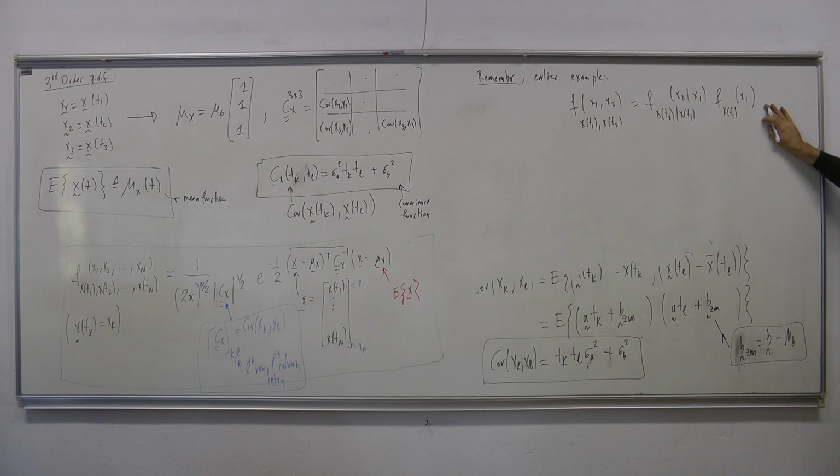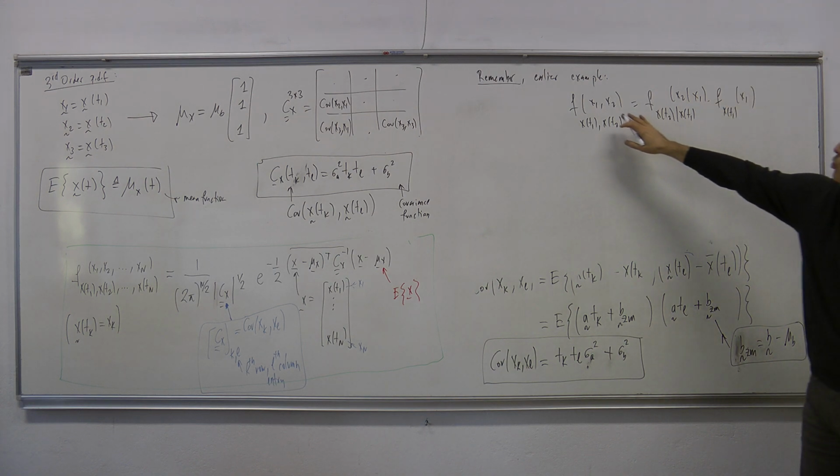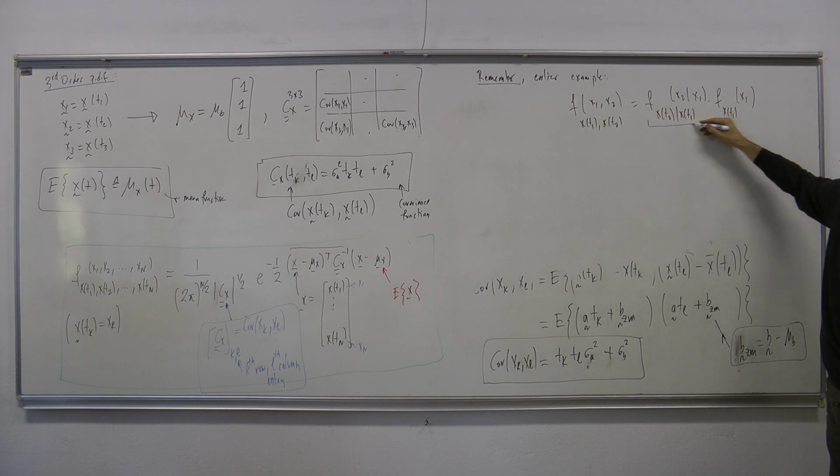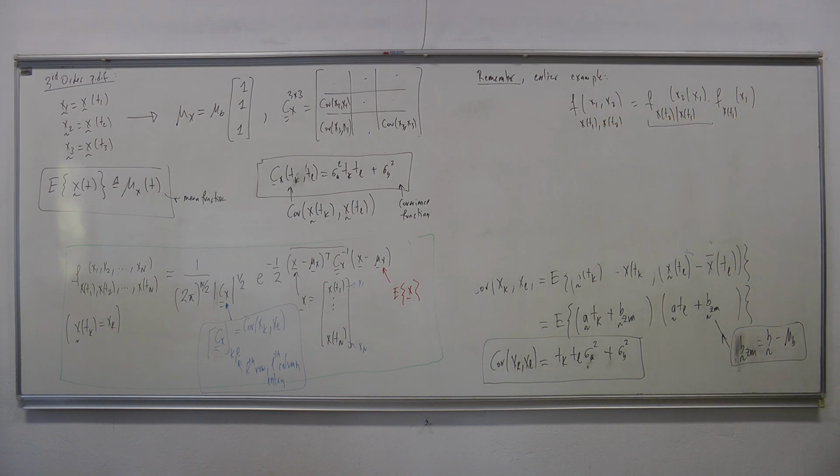We did a factorization like this, and using this factorization we wrote the joint density because we were able to calculate this. That was for the earlier cosine example, the random phase sinusoid. Let's say that example.